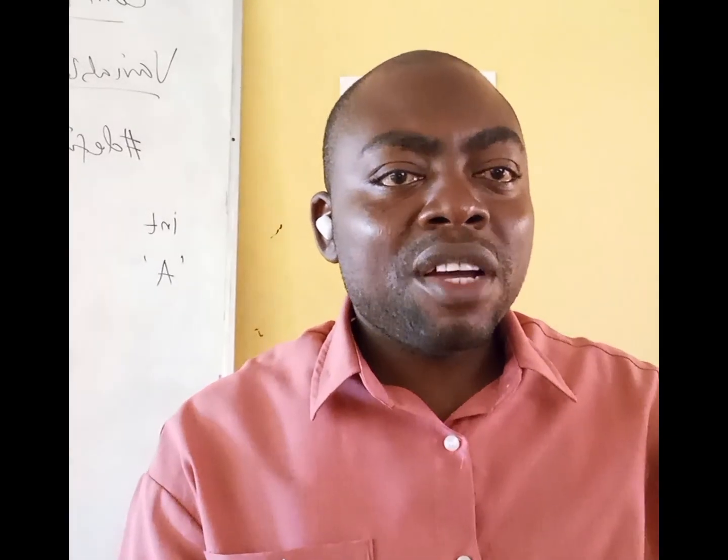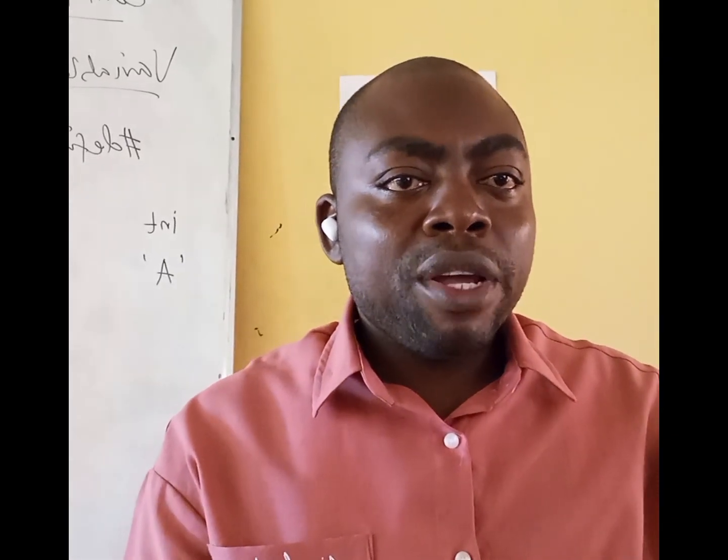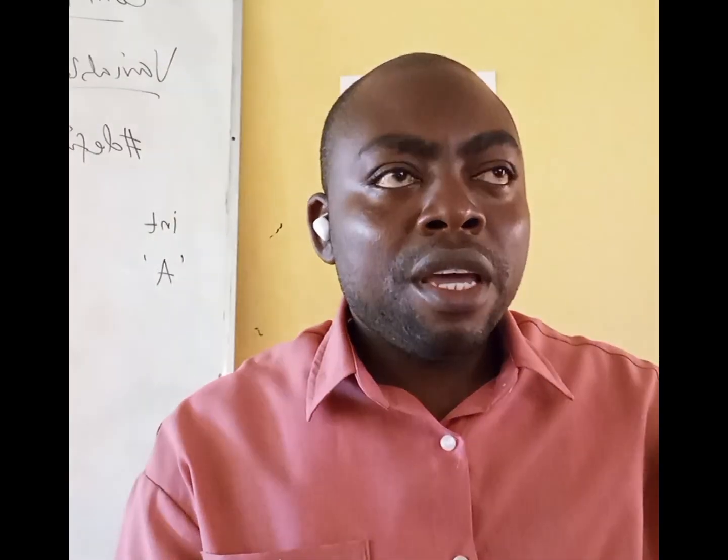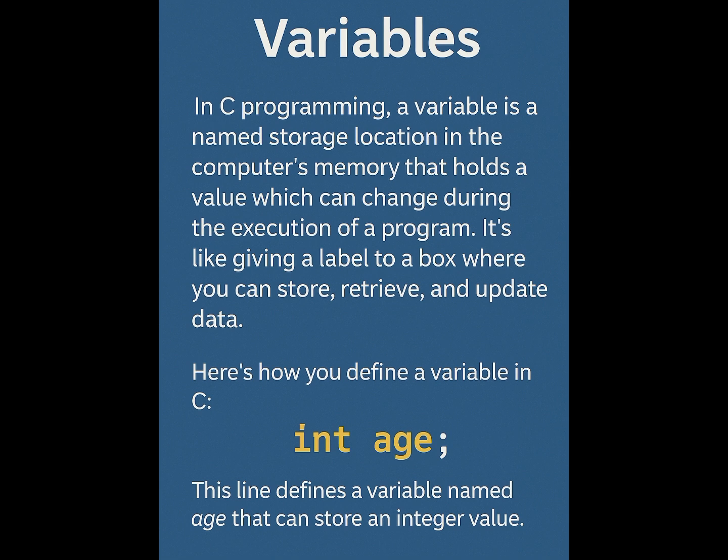Then let's quickly look at variables, constants, and literals. What is a variable? A name for a memory location that can change its value while the program runs. In other words, variables are containers that can store any value that you want to store in your program.